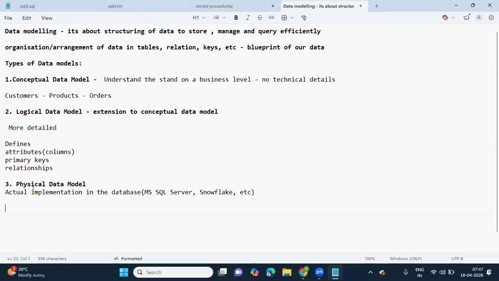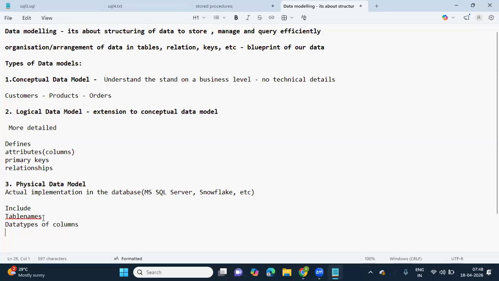In the physical data model, we will be actually implementing it in the database. So we know the business now. We also know what fields are there, what keys are available, and what the relationships between them are. Here we include table names. We have to decide what tables we are going to have, what their names are, and the data types of the columns.